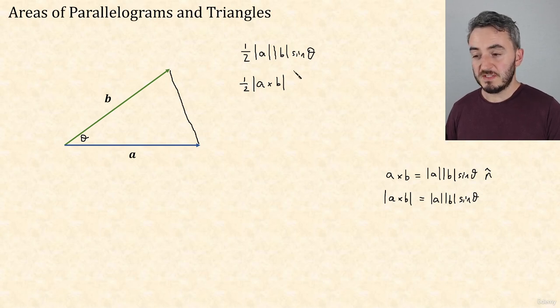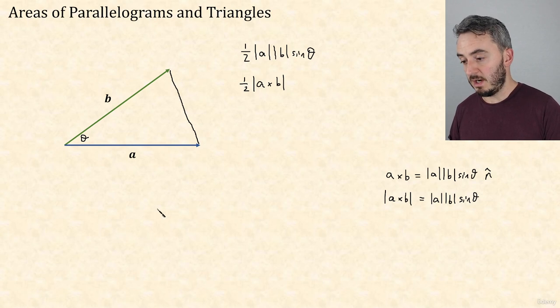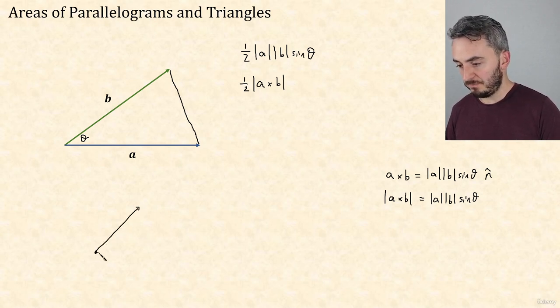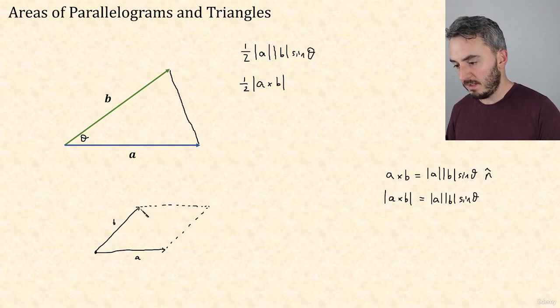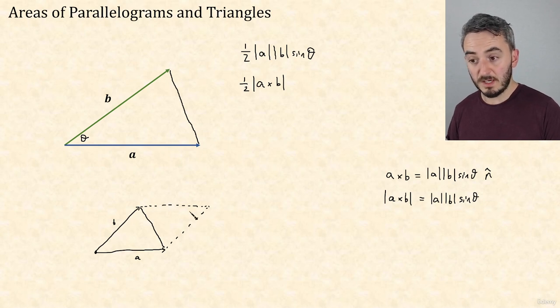So we can also extend that idea to parallelograms, because of course a triangle is just half a parallelogram. Here's what I mean. If that's B and that's A, then we can form a parallelogram by just putting A up here and B over there. And of course, the area of this triangle is just half of the full parallelogram.